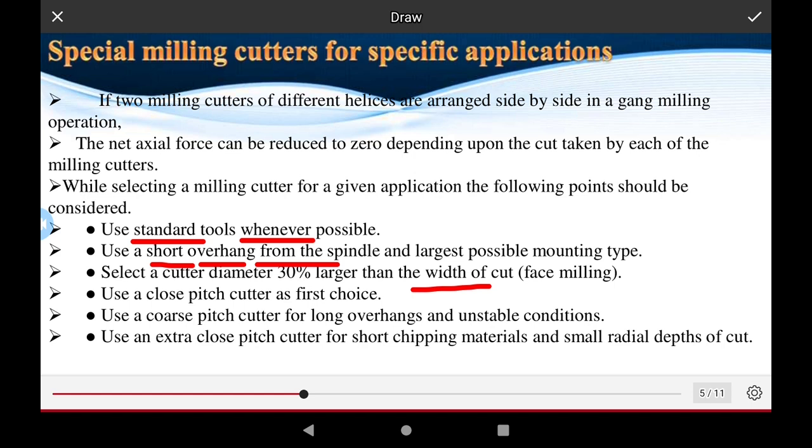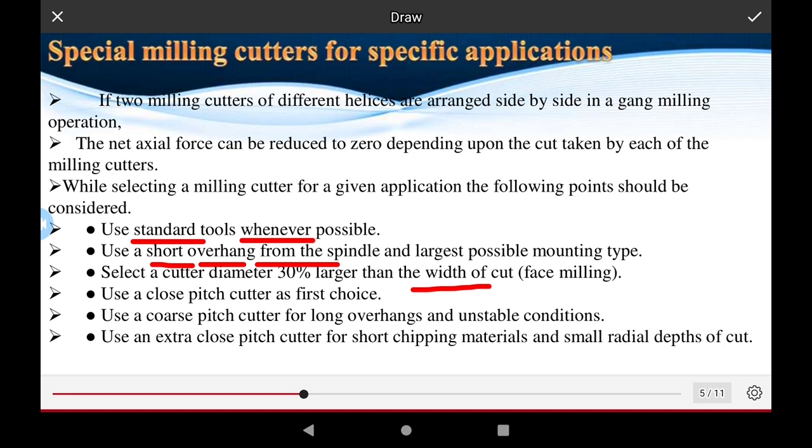The overhanging area of the tool is an overhanging condition, and the operation is performed in unstable conditions, and does not perform the standard operation of the tools. Okay, and I said that the tool performed is according to the operation, and tool size and shape are according to the operations.